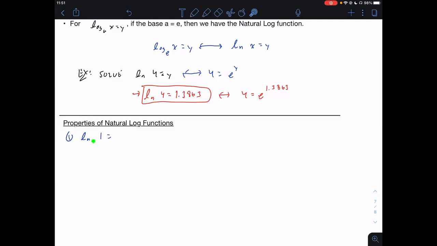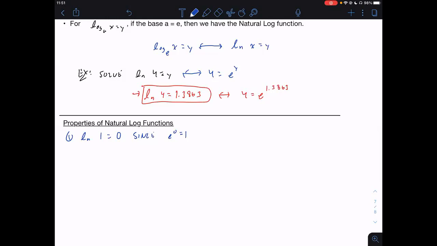We want to see what number e has to be raised by in order to get a value of 1. Well, any number raised to what power, what exponent, always equals 1? 0, right? Any number raised to the 0 power gives us 1. So natural log 1 equals 0, since e to the 0 will be equal to 1.